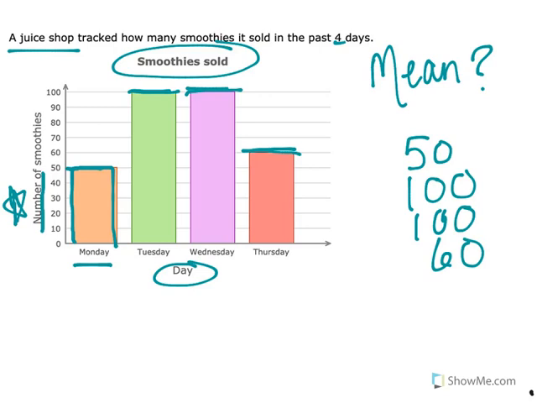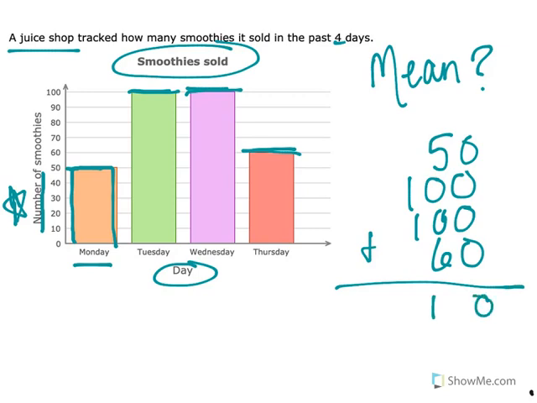So that means there are 1, 2, 3, 4 pieces of data. In order to accurately add these up, I need to make sure that the place values are aligned. So I'm going to add all of these together, and I am going to get 310.